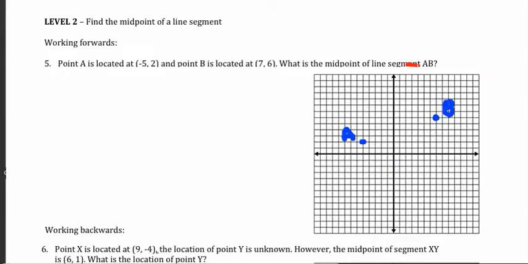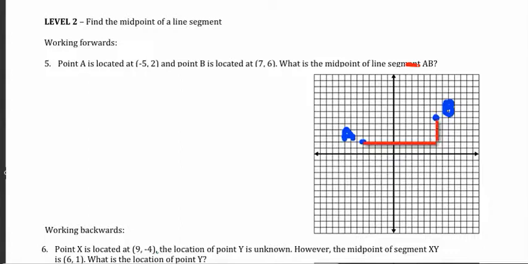Now, in order to do that, imagine that you're walking from point A to point B, okay? And we're going to make a right triangle. So if you're walking from point A to point B, you can only walk left and right and up and down. So let's look here. Let's walk right from A to as far as we can go towards B. Okay, and then let's walk down and meet these two up.